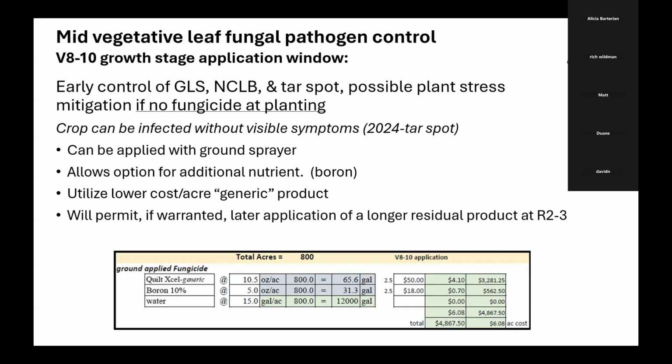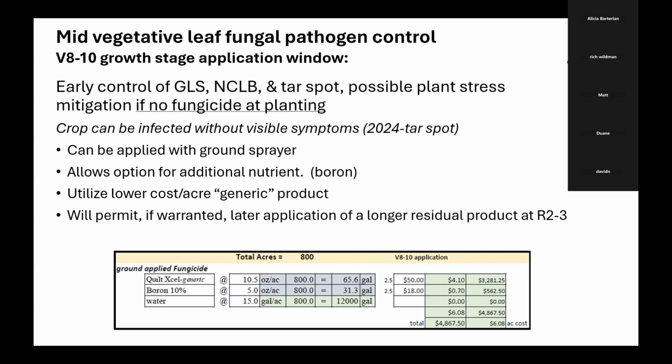So it leads me to believe, as we all remember the 2.5 weeks of everybody staring at the shop walls waiting on the ground to dry out in part of May, and then 2.5 weeks of cool, wet weather with corn in the ground, I'm firmly convinced that that's when it was infected with tar spot. If we would have come in with our P8 application, it probably would have cleaned that up.